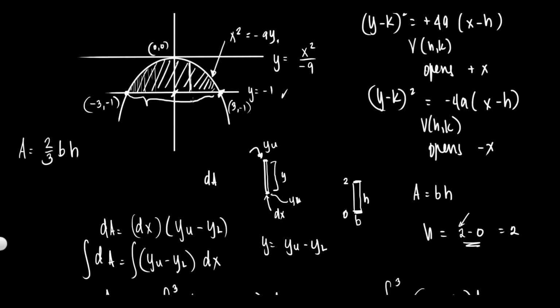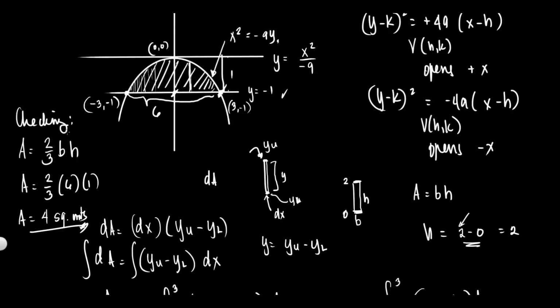From negative 3 to 3, this is 6 units. Ano naman yung height? From this to this, ilan yan? 1. So, area is equal to 2/3 times base is 6, height is 1. So, we have A is equal to 12 over 3 or 4 square units. Yan yung checking natin. Mas madali, pwede yan sa board exam.